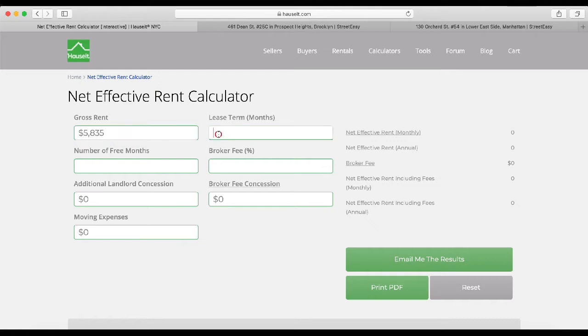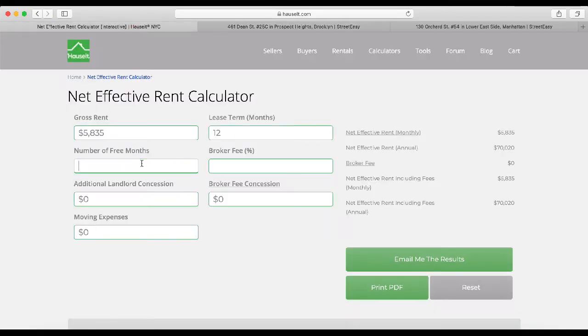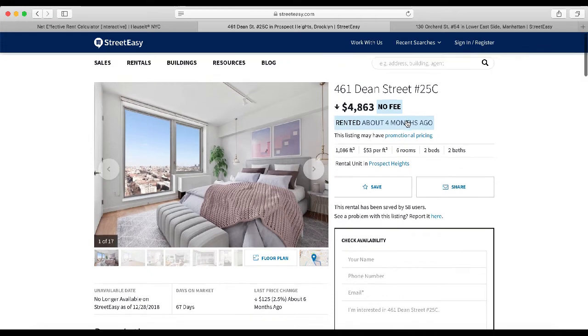We're going to put a lease term of 12 months. And in this case, they've mentioned that there are 2 months free, so we can put 2 for the number of free months. And as you'll see here, it's giving us a net effective rent of $4,862.50, $4,863 if you round up, and $4,863 is the rent on the listing. So clearly that is the net effective rent.